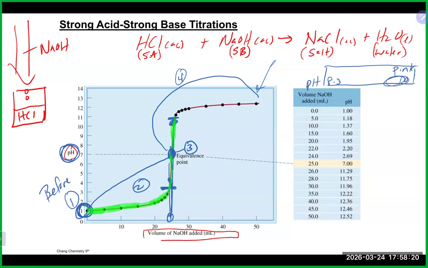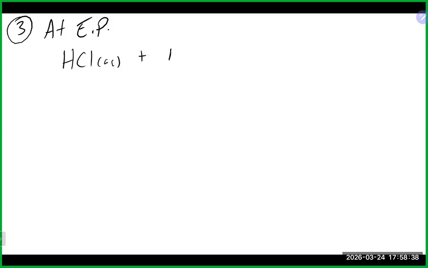All right, so let's talk about actually what happens when we do reach the equivalence point here, which is the third part. So at the equivalence point, we're obviously adding still our sodium hydroxide to our hydrochloric acid. We're going to get our same reaction.